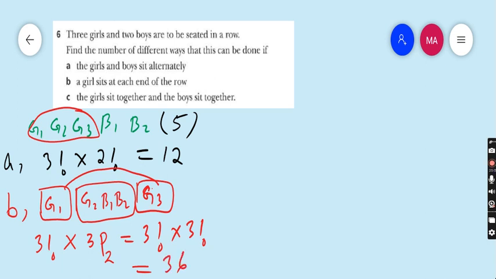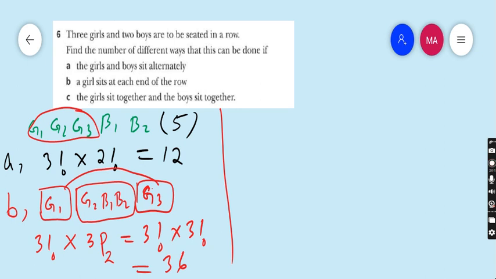I repeat again, we have to take two girls out of three girls to arrange in the first and last position: G1 G3 or G2 G3 or G2 G1 or G3 G1. So we have six choices for three girls in the first and last position.